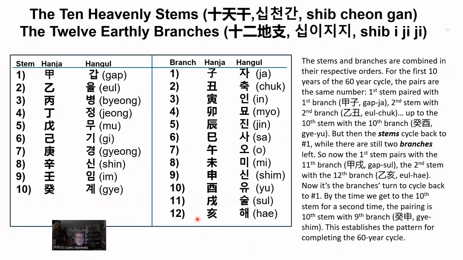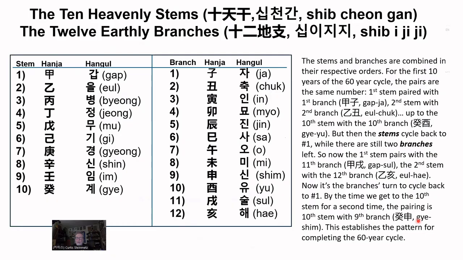The 11th year of the 60-year cycle, we cycle back to the first heavenly stem, but we're still going through our first round of the earthly branches, and that's the 11th earthly branch, which is Sul. So the 11th year in the 60-year cycle is Gap Sul.